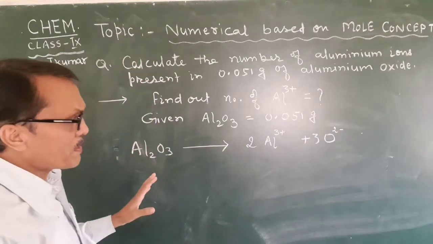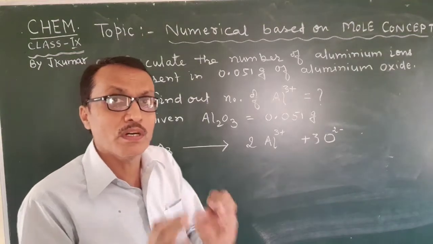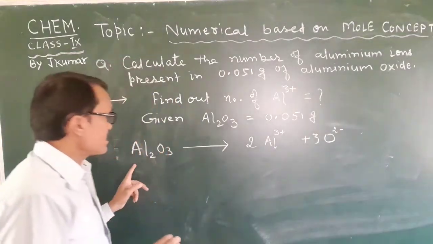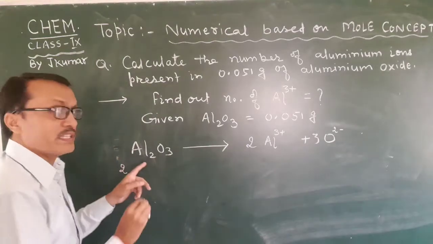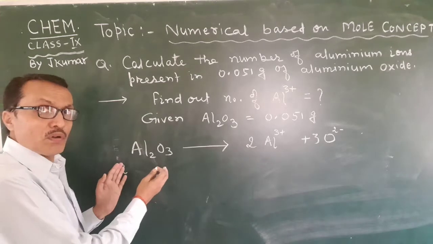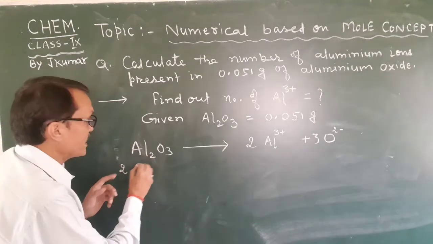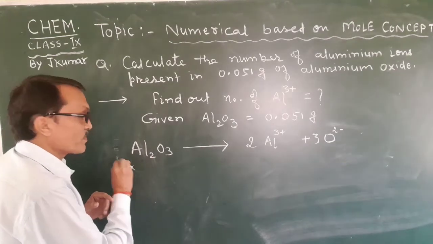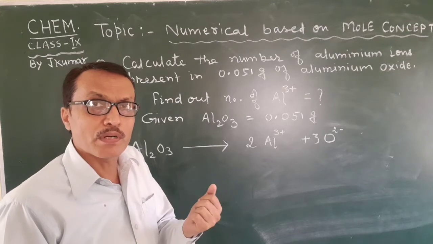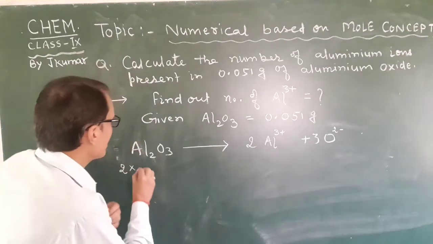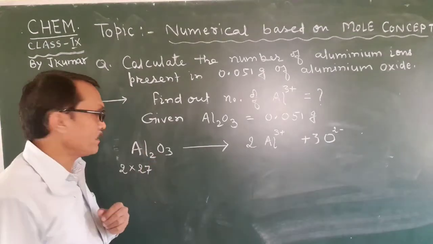Now students, first of all, we have to find out the molar mass of this given aluminum oxide. What will be the molar mass? You are looking here: there are 2 atoms of aluminum, so 2 into the atomic mass of aluminum, and you already know the atomic mass of aluminum is 27.